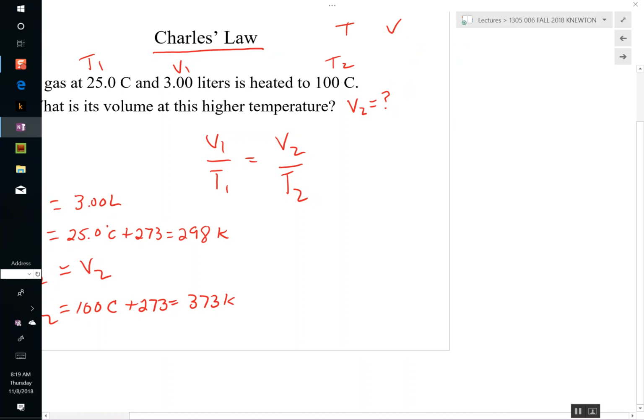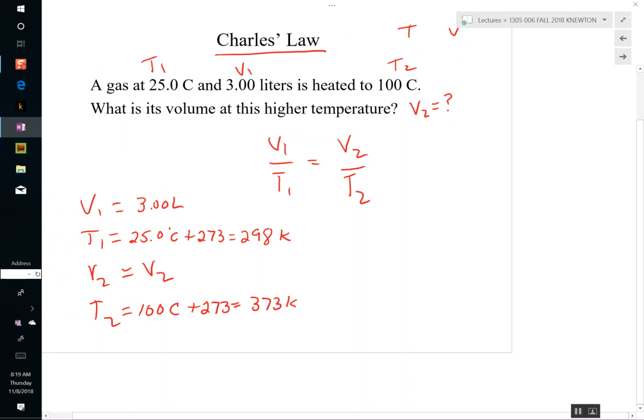Okay, now we got to isolate. What do we have to isolate? V2. So what do I have to do to this equation? How do I get V2 all by itself on one side of the equation? Yes. You could cross multiply. You could express this law that way.